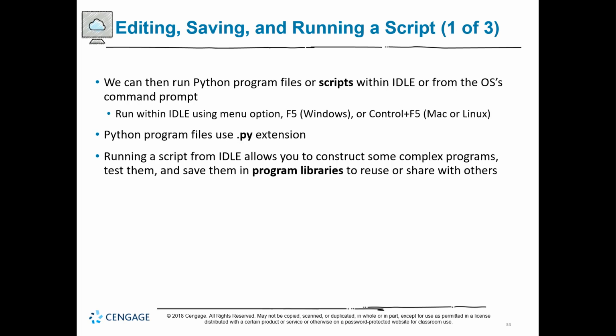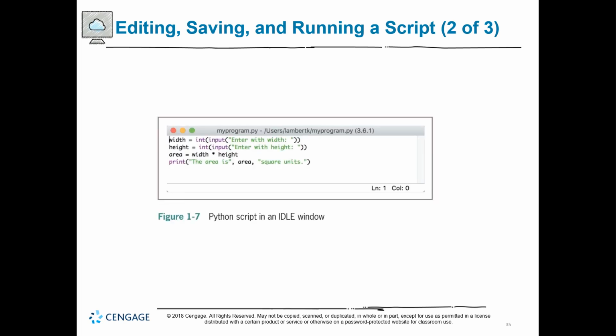So running a script from the IDLE allows you to construct some more complex programs and allows us to test them. Essentially, we're going to be saving them through program libraries. That way we can reuse the program a little bit later, if necessary. Here's an example of what we would have been doing. We could ask for input, height and width.